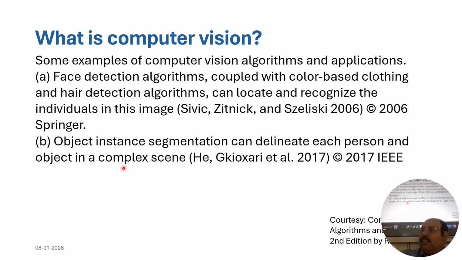That means a thing is moving and your algorithm should be capable of determining where this object will be after 5 seconds or 10 seconds or 1 minute. These are extremely interesting, beautiful areas that we are going to study. We are going to do some practice and some lab in our computer vision course. Okay?